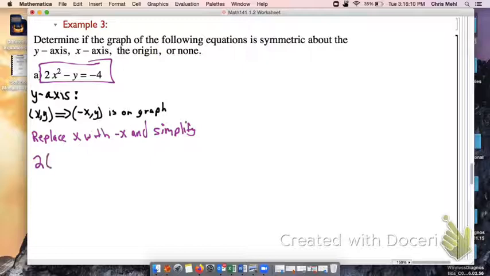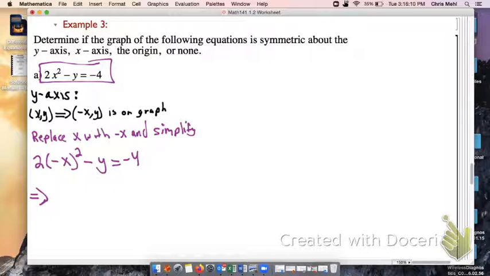It becomes 2 times (minus x) squared minus y equals negative 4. So you're taking the expression from above and replacing x with minus x. You'll notice I'm using implication arrows every time I simplify an equation, anytime I do another step.